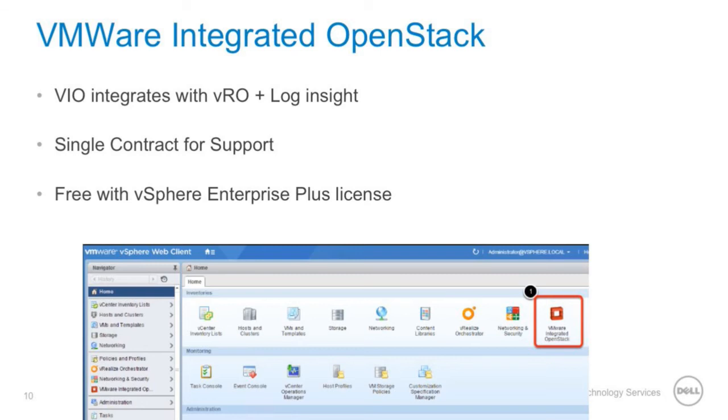Another advantage of having OpenStack in your data center with the VMware distribution is that it integrates with other VMware products like vRealize Operations and Log Insight. That will make the administration easier and help you with monitoring your infrastructure.